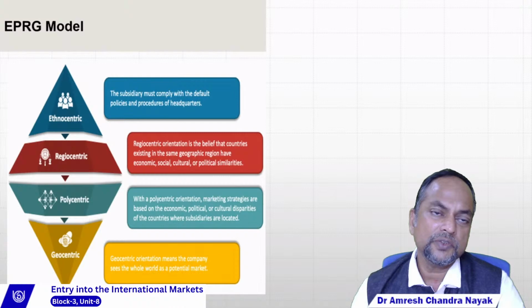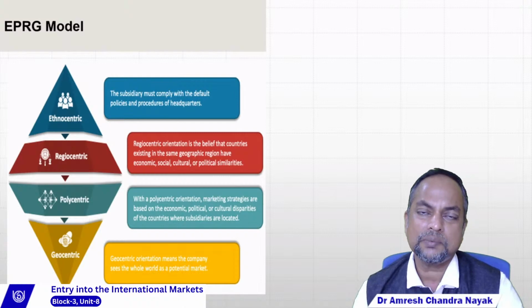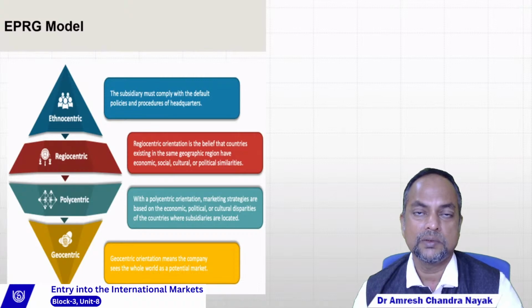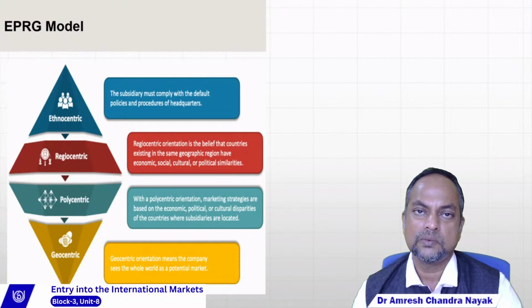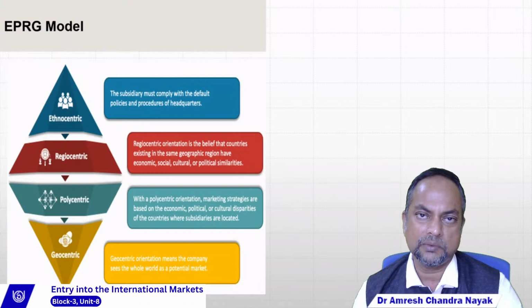So if I talk of the European economy, the European region, all the countries have some characteristics which are common with one another, even if not all, I'm telling you, right? Some are common. If I'm referring to the Southeast Asian economy, all those SAARC countries have some or other kind of commonalities among themselves.